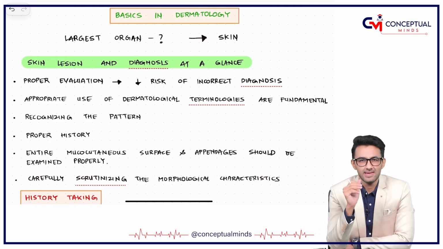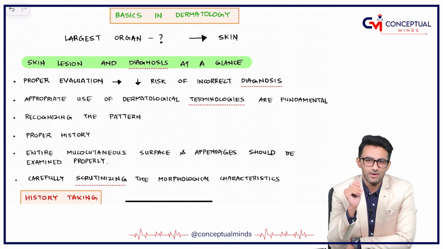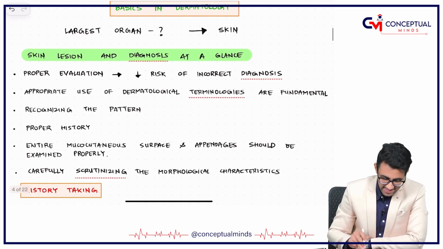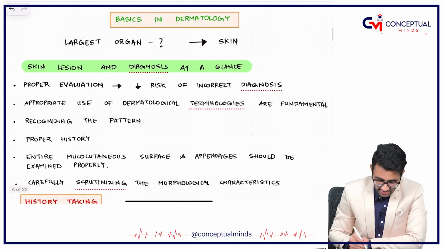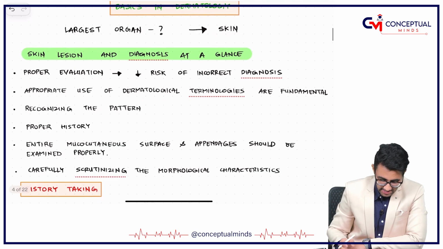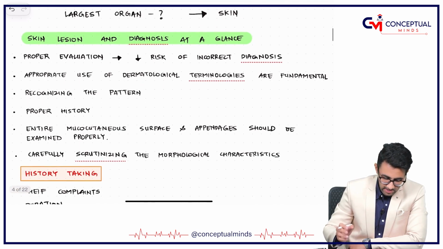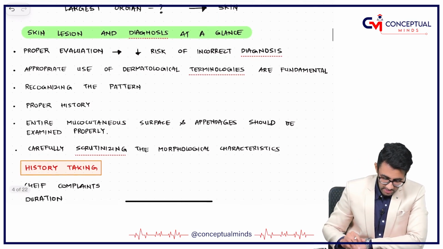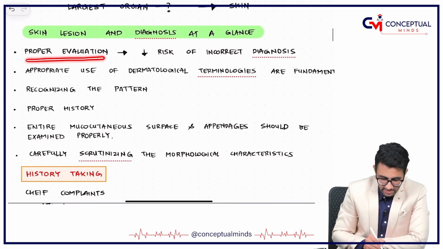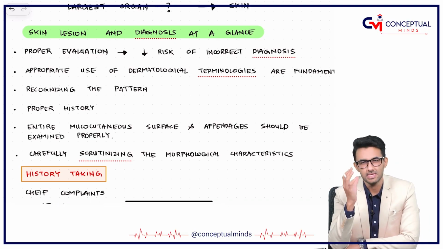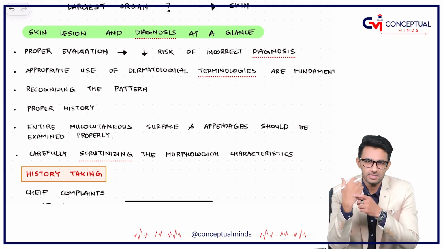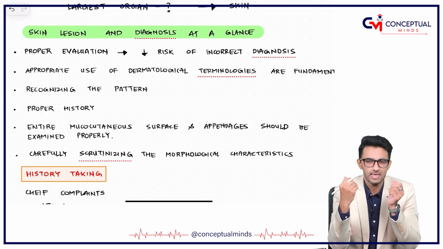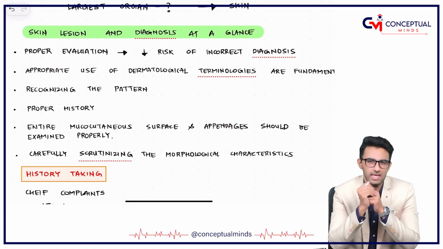As you know, the skin is the largest organ in the body, right? That is a very basic thing we all know. First of all, when we see lesions in the skin, we have to make a proper evaluation. We have to see how the lesions are: are they grouped, is there any pus involved, how is the texture?